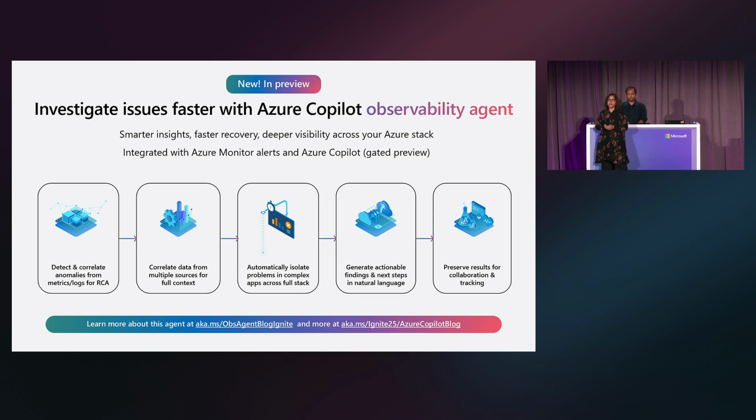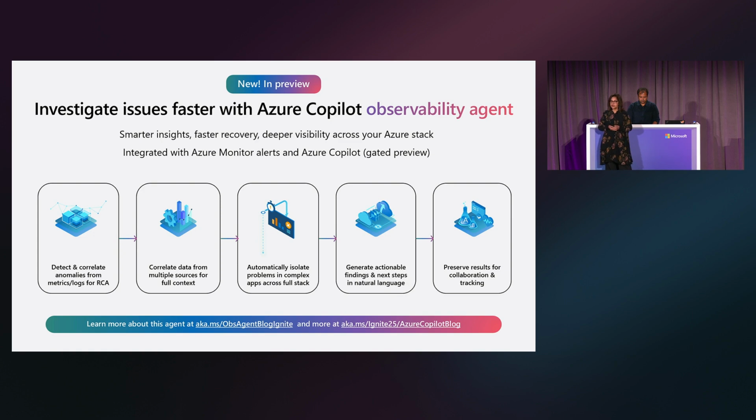The updated preview of this capability allows you to investigate any alert in Azure Monitor and improve your mean time to recovery and mitigate, while reducing the amount of toil that you're using today for troubleshooting. This end-to-end troubleshooting and diagnostics experience is AI-powered, it's collaborative, it's interactive, it's comprehensive, and auditable.